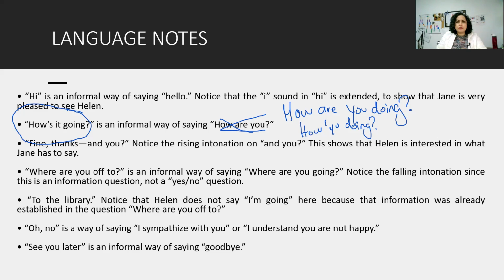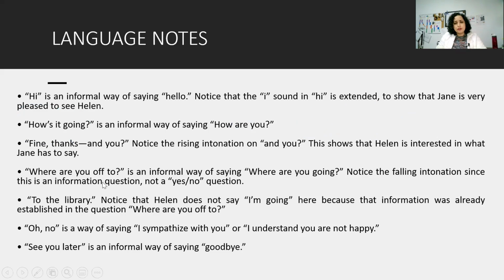And then a little more questions here and explanations. Where are you off to? It is about saying, where are you going to? Notice the following intonation since this is an information question, not a yes or no question. Where are you off to?